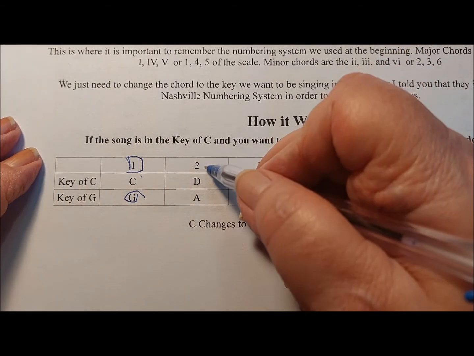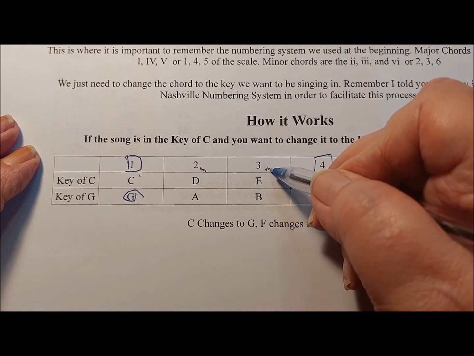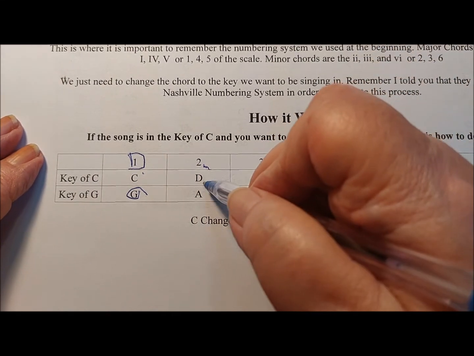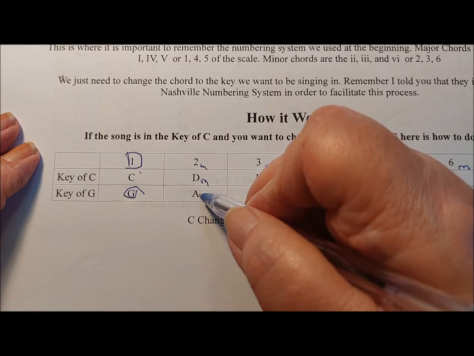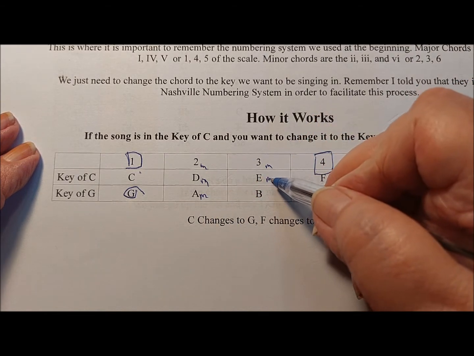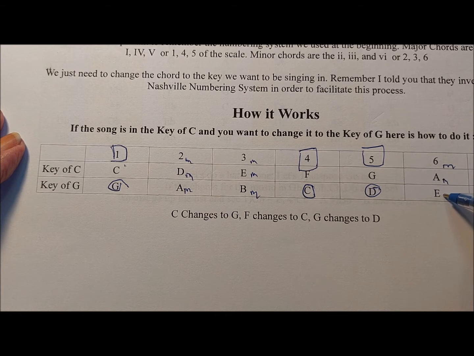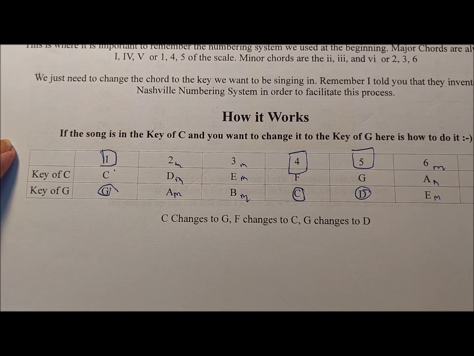Now these are always minors. So if they do show up, say you see a D minor, it's going to be an A minor. E minor will be B minor, and A minor will be E minor. Did you catch that?